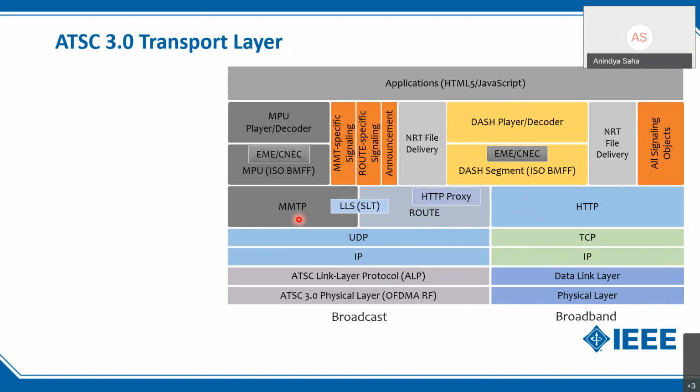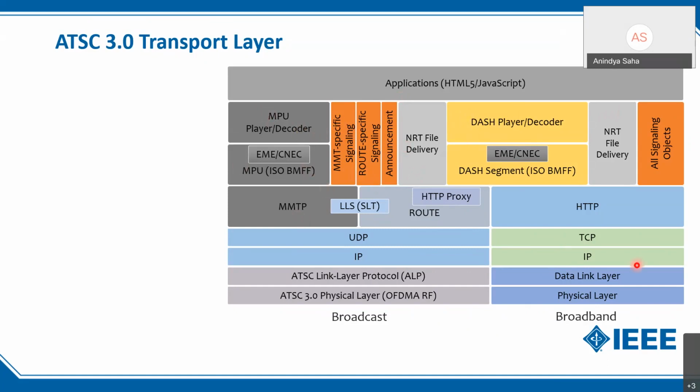It supports download, progressive download, and streaming applications. At the top layer, you can see a player, the MPU player, which can aggregate the segments and play them out. In addition to that, you can also see the signaling layers and service announcement layers, which are usually required for setting up any kind of service.